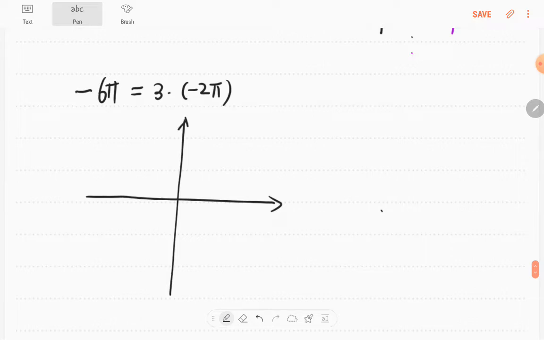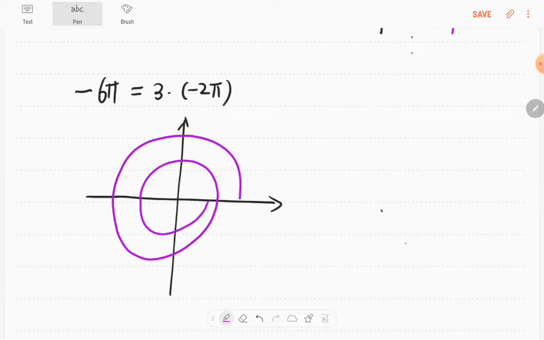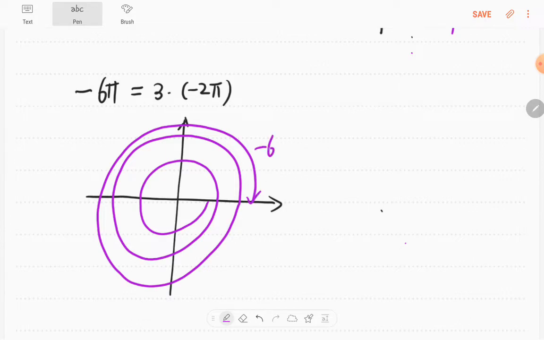So now let's look at it. This is 1 revolution, 2 revolutions, 3 revolutions. So this is negative pi. So this is the 3 revolutions with negative direction, which means clockwise.